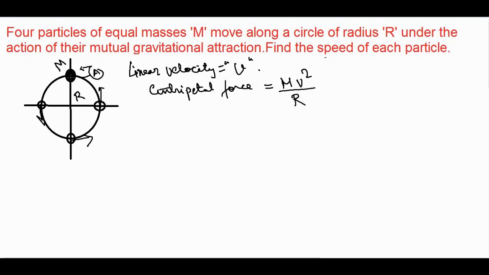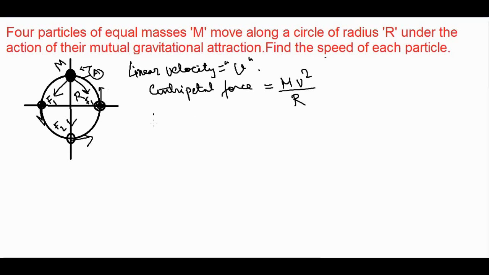Now the forces acting on this particle are, first, the force of attraction due to this particle right here, then the force of attraction due to this particle right here, and then the force of attraction due to this particle right here. I name these forces F1, F2, and this one will also be F1, because these two particles are of the same mass, and the position of these two particles relative to this one is the same, so the forces will be the same.